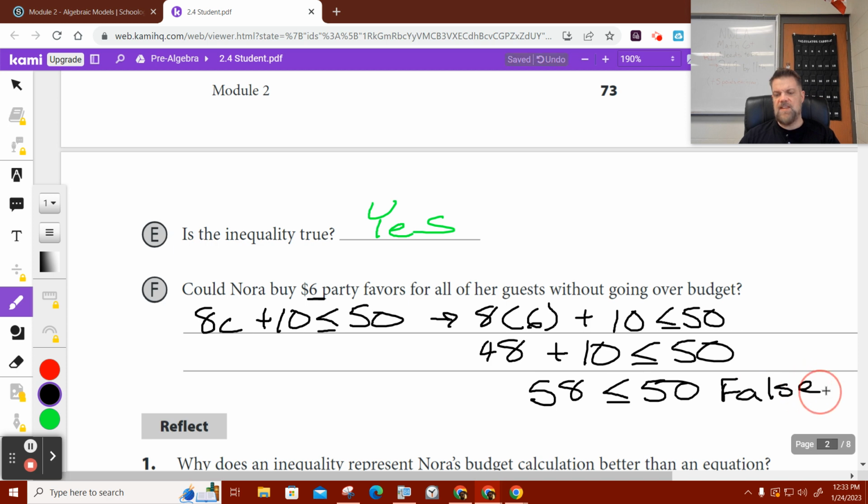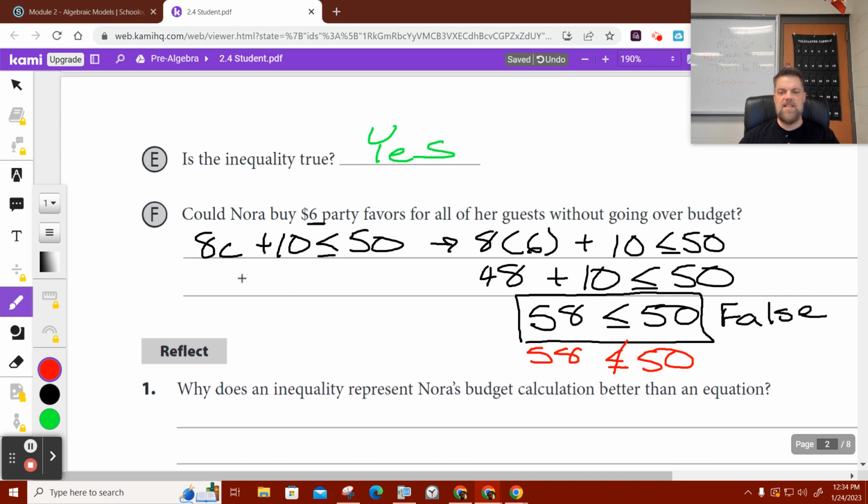58. Is 58 less than or equal to 50? No, so this is false. So what you should be thinking is that 58 is not less than or equal to. I'm just going to put a little mark through there. So then what does that tell you?